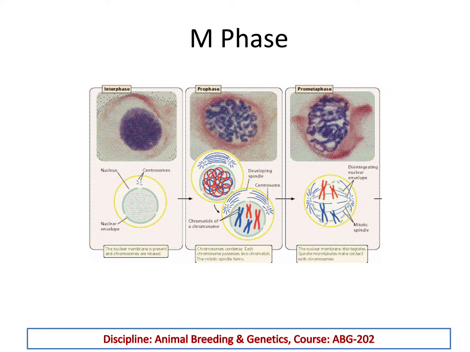So suppose there are two chromosomes, and these two chromosomes are blue.